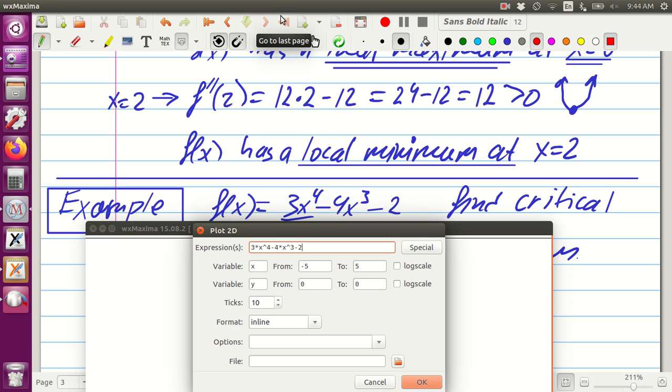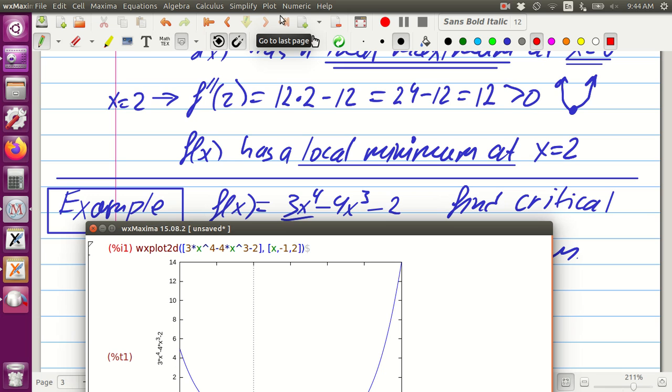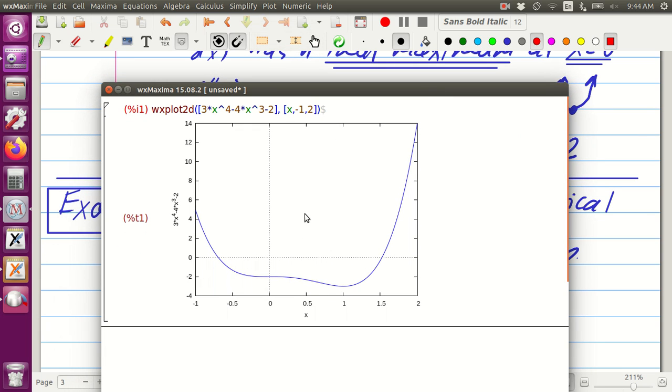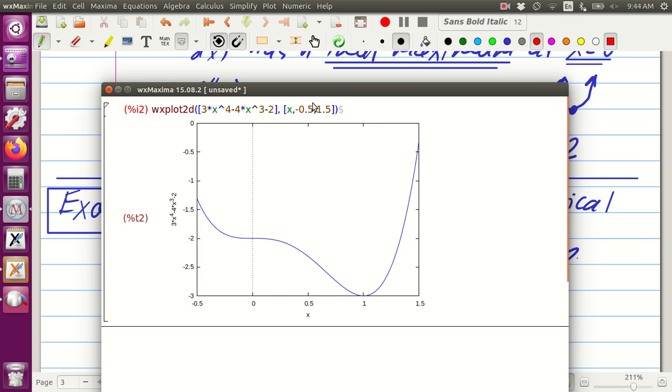All right, and I'll probably decrease these values. We want negative 1 and 2. All right, so let's look at this function over here. Maybe we should zoom in a little bit on 0 to get a good understanding of what's going on. So I'll change my interval to negative 0.5 to 1.5, so make it a little bit smaller.